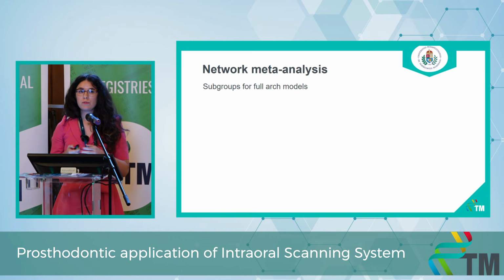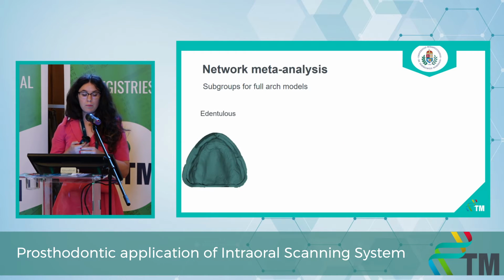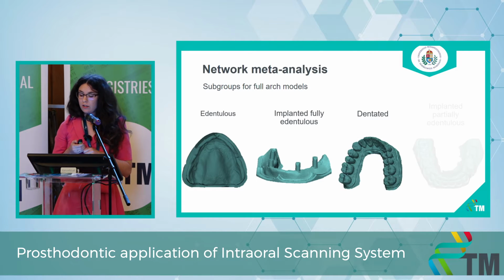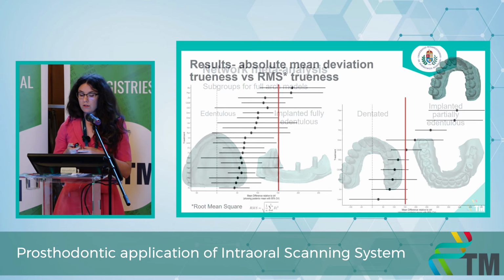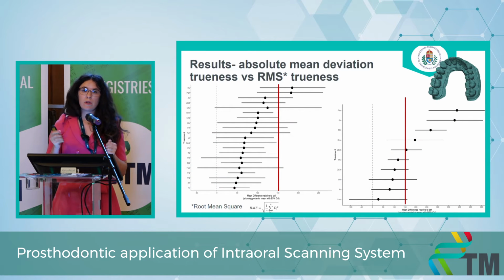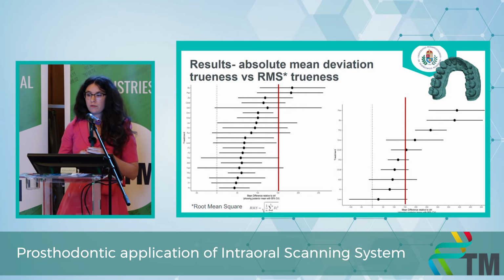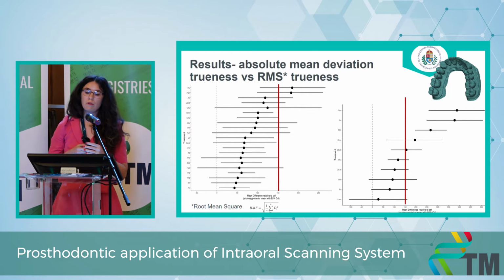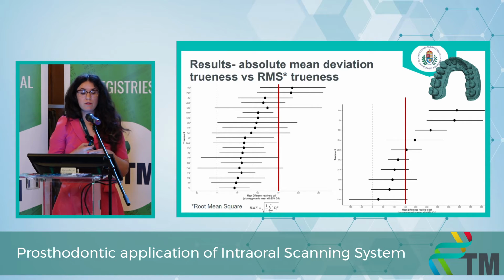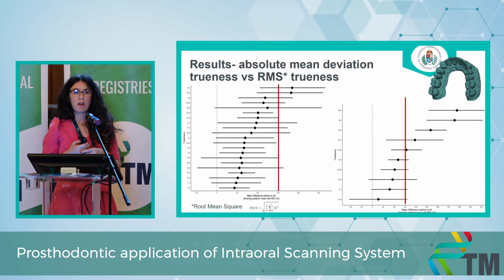As I mentioned, we used 4 subgroups, namely edentulous arch, implanted fully edentulous arch, dentated arch, and also the implanted partially edentulous arches. In the results, you can see 2 of my forest plots. As I mentioned, we investigated trueness and precision, and for the calculation of these 2 accuracy values, we had absolute mean deviation, which is rather a distance value, and RMS, which is root mean square.